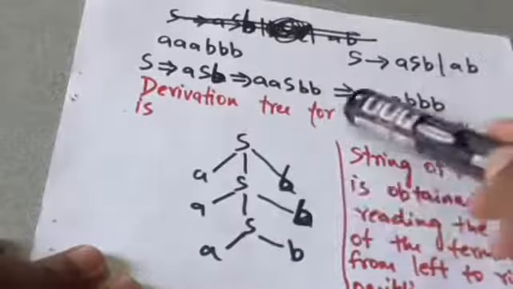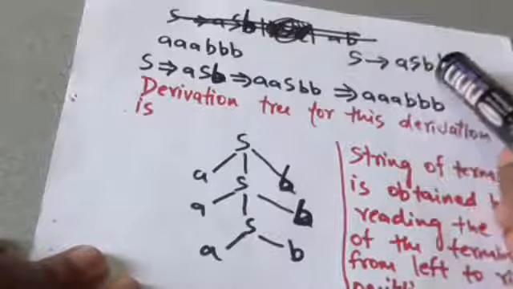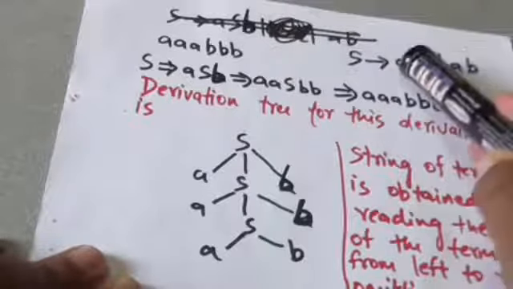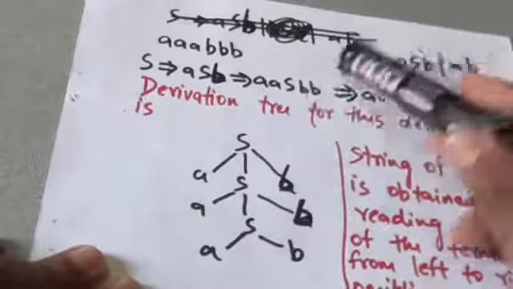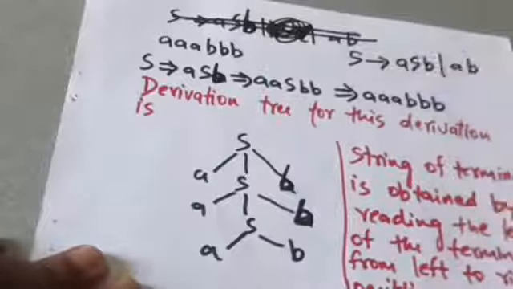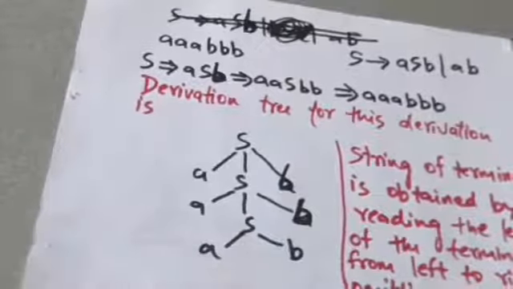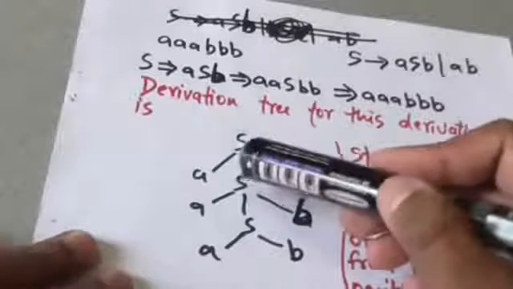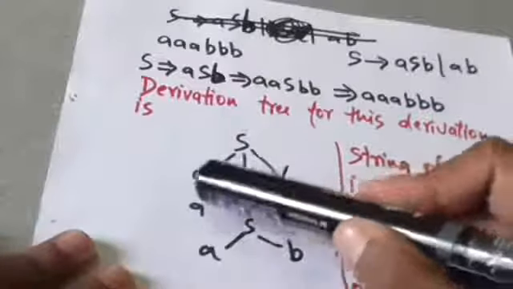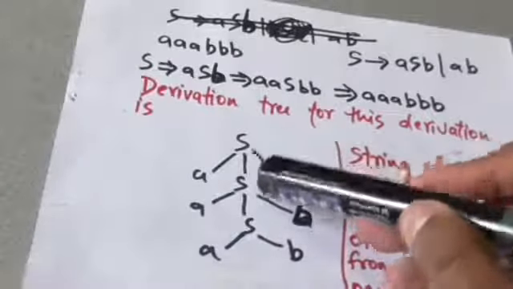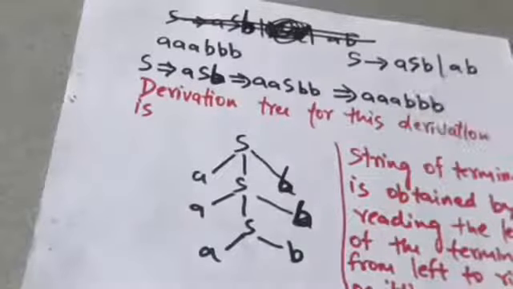It means there is a production rule: S derives aSb in P. Right? P means set of production rules. So if there is a node S and its children from left to right are a, S, b, then there must be a production rule S derives aSb.